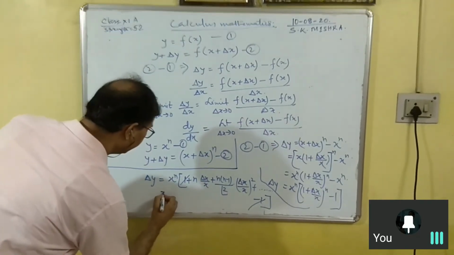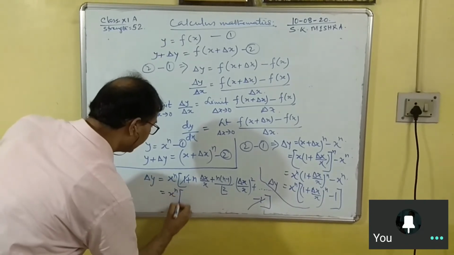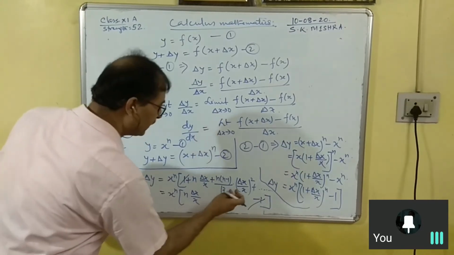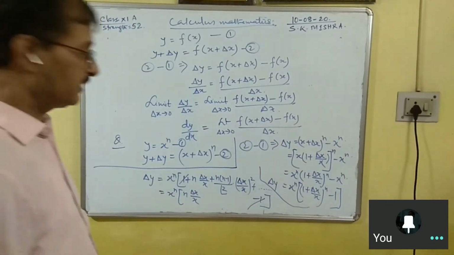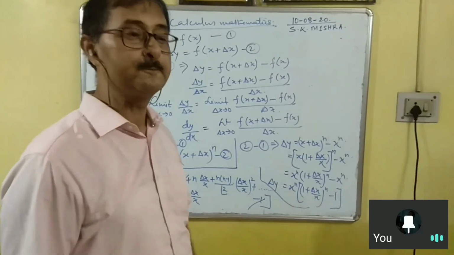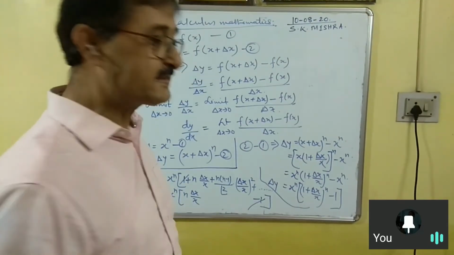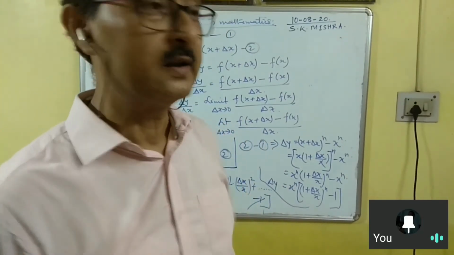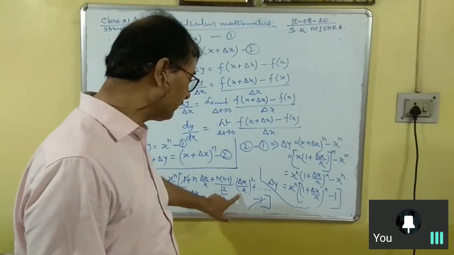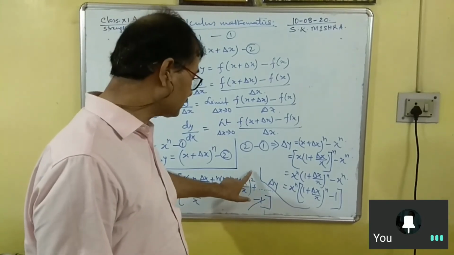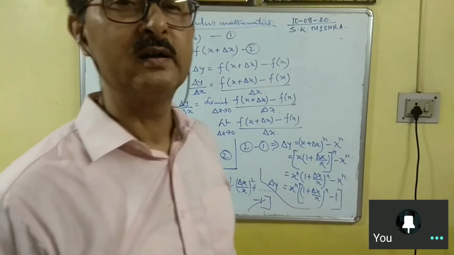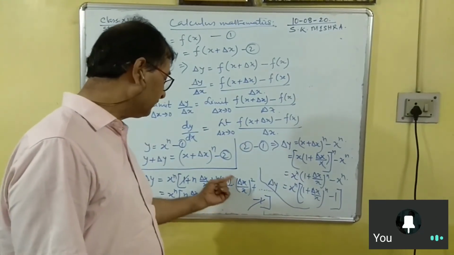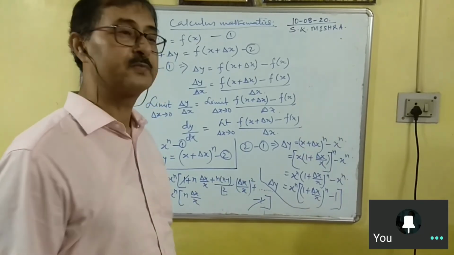Then you are getting x raised to n and then n delta x by x. Now forget about the second terms onwards, because delta x is very small. As I have told you, if x is something like 1 kilometer and delta x is 1 millimeter, then 1 millimeter divided by 1 kilometer, squared, is very small. And when multiplied by n into n minus 1 by factorial 2, it is still very small. You can ignore it.